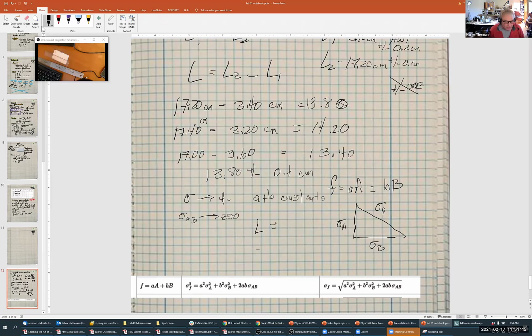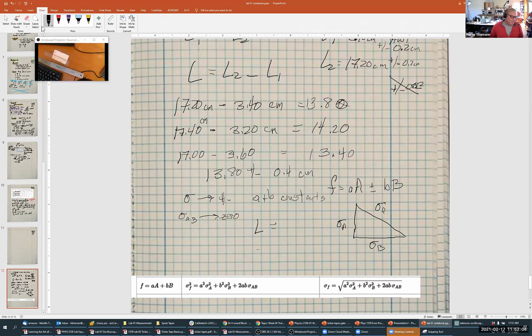Because remember, we said the two of them are not dependent on each other. And in math terms, that means that the measurements are orthogonal. And in XY, that means they're at 90 degrees to each other.